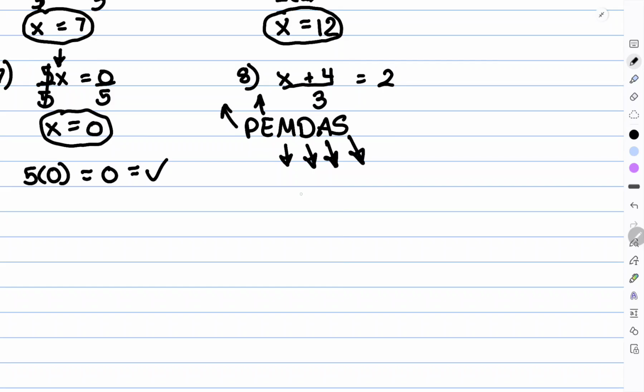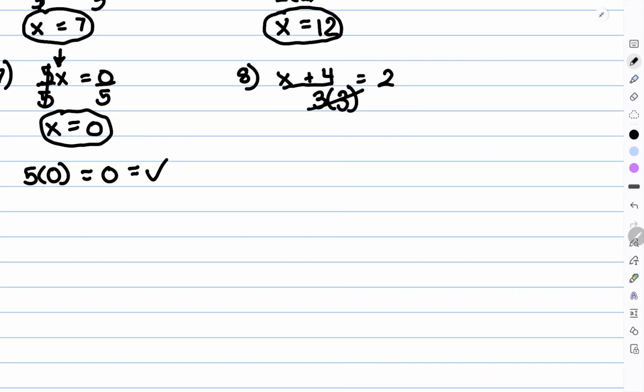So always do multiplying and dividing first before you do adding and subtracting, okay? So if we're going to follow PEMDAS, we're first going to do multiplying or dividing. Here, x plus 4 is dividing by 3. So instead of dividing, we're doing the opposite again. We're going to multiply by 3, and we're going to multiply on the other side. So 2 times 3 is 6. So x plus 4 equals 6.